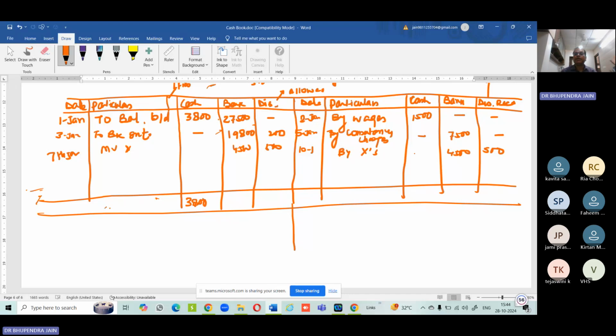The total is 3800. This side should be 3800. But what will we write as the balance? By balance c/d: 3800 minus 1500, so the remaining 2300 is the cash balance.